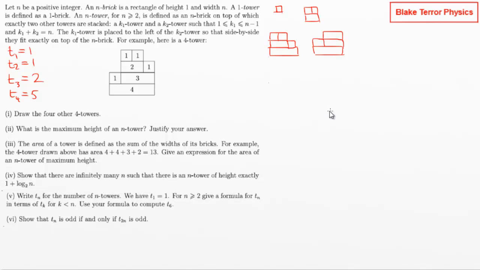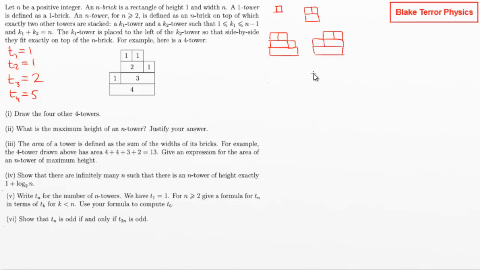Right, let's try and get a pattern then of how I'm actually putting together these 4 bricks and things. What do we have for the 4 bricks? So we've got a 3 there, 2 on one side, 2 on the other side.